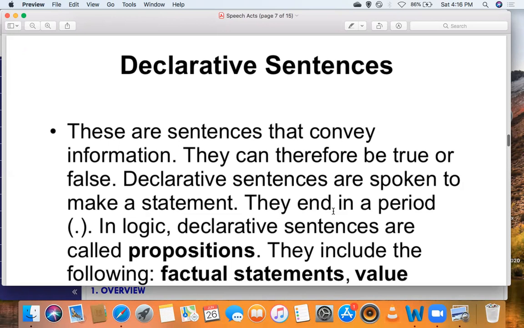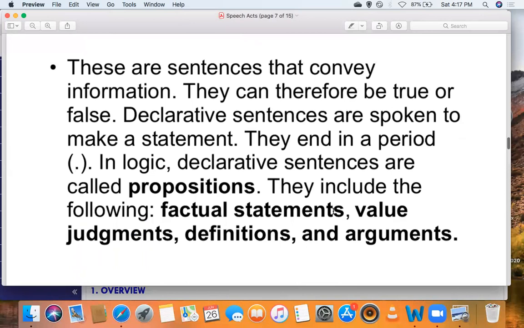But declaratives are spoken to provide information, to convey information. And when you provide information, the information you've provided can be true or false. So for that reason, declaratives can be true or false.